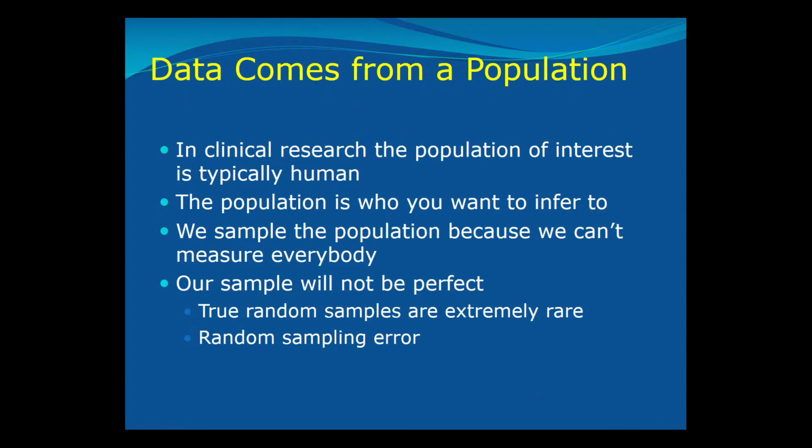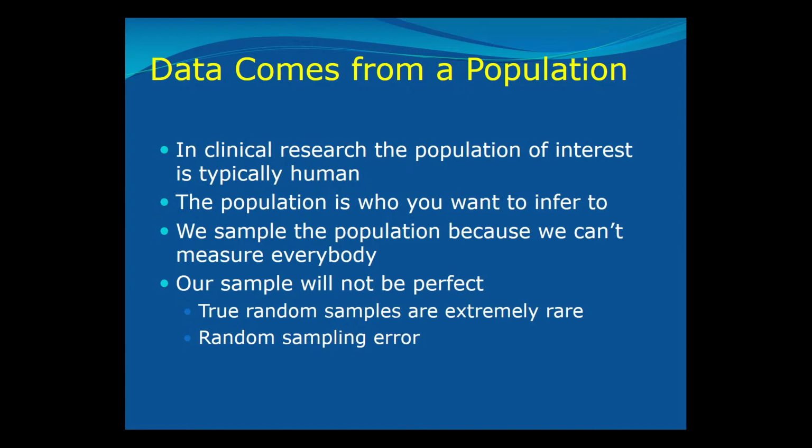All data comes from a population. In clinical research, the population of interest is typically human. The population is who you want to infer to. We sample the population because we can't measure everybody. So we can study only part of this population, which is called a sample.